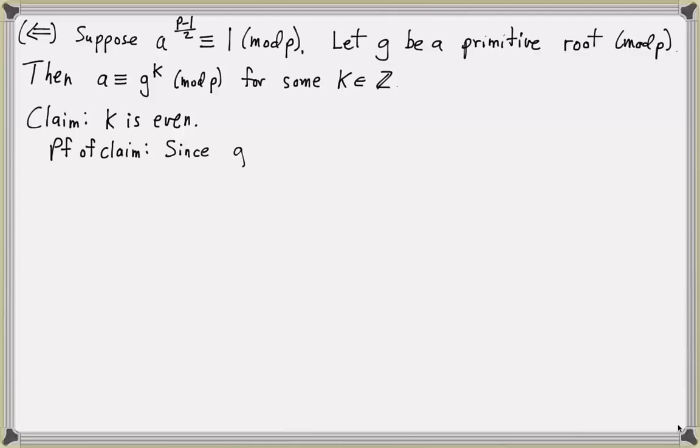Since g to the power k times p minus 1 over 2 is equal to g to the power k, the quantity to the power p minus 1 over 2, which is congruent to a to the power p minus 1 over 2. And we're assuming this is congruent to 1 mod p.